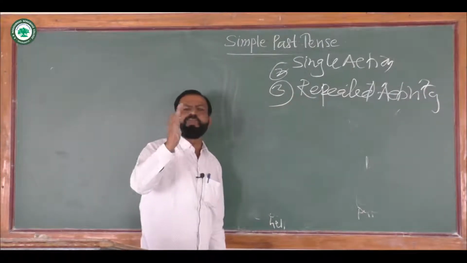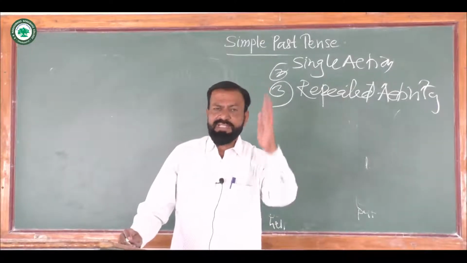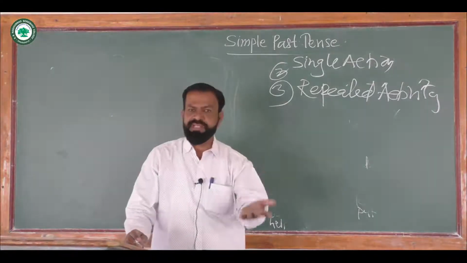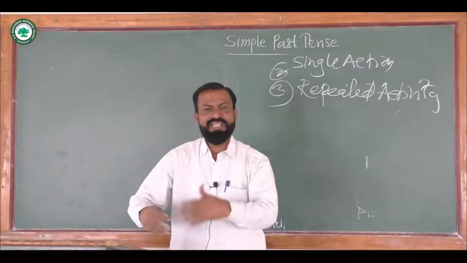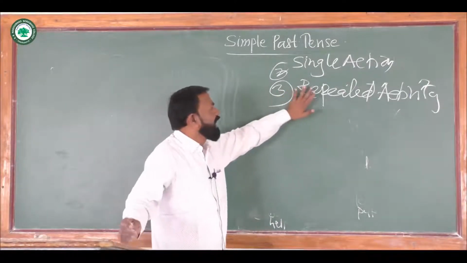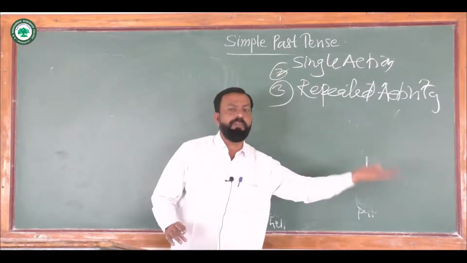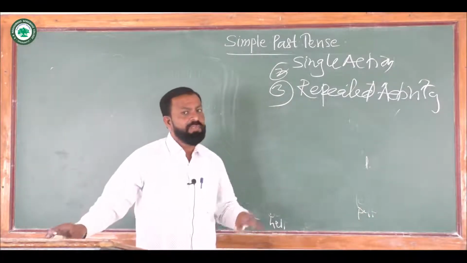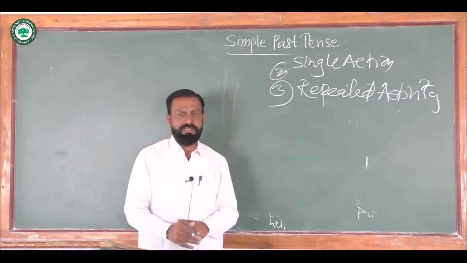While studying simple present tense, we studied that simple present tense is used to indicate habitual action, daily action, which is still in practice. But here the main difference is that for repeated or habitual activity in the past, there is no concern with the present. So on such occasions, we use simple past tense.